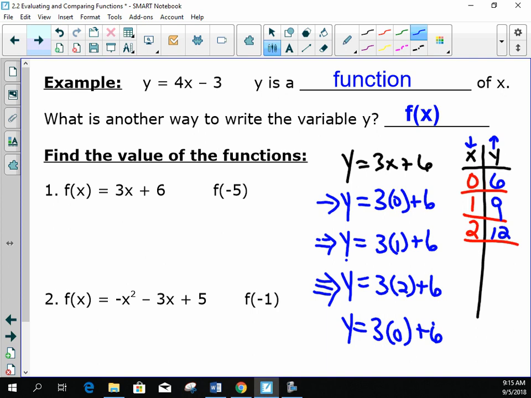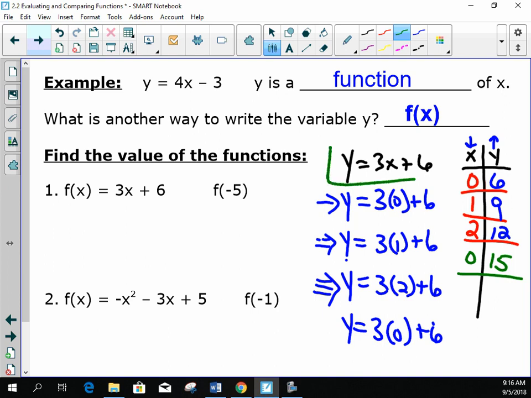You're dealing with something different. So if you see 0, 15, is this a function? No, because you cannot put 0 in for x and get 15. You have to be dealing with something other than a function.